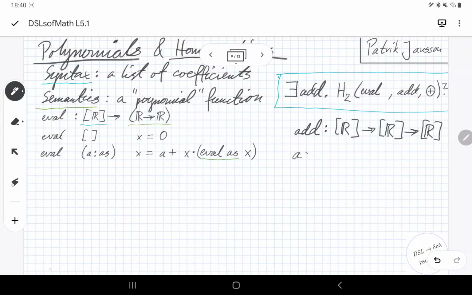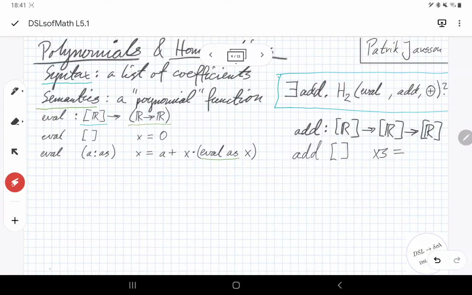So we have a few cases, and we'll start with the simplest ones. If we are trying to add an empty list to any list, say xs, then what should we return? Well, if we look over on the left, we see that the empty list is representing a constant function returning always 0.